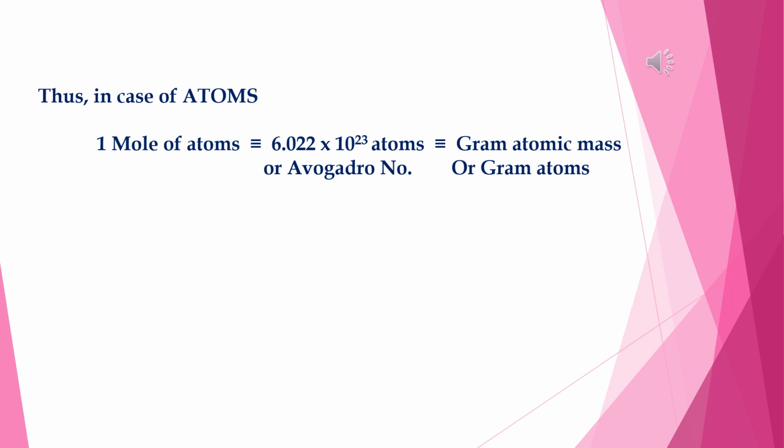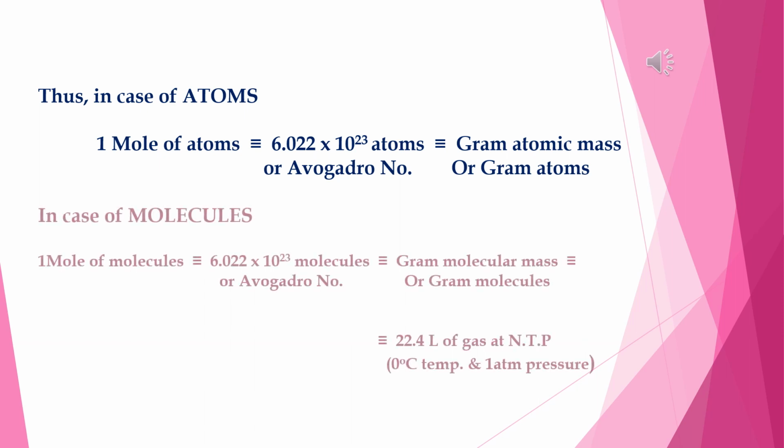Gram atoms is nothing but mole. So we can easily equate these three terms: 1 mole of atoms, which is equivalent to Avogadro number of atoms, which is also equivalent to gram atomic mass.